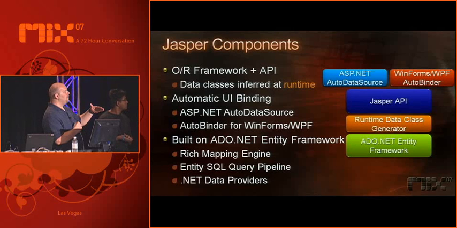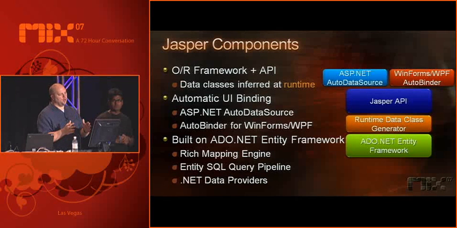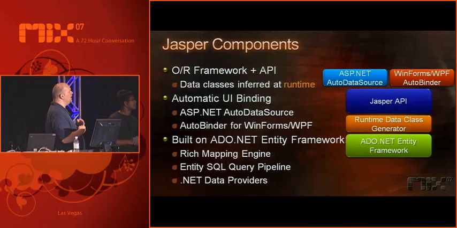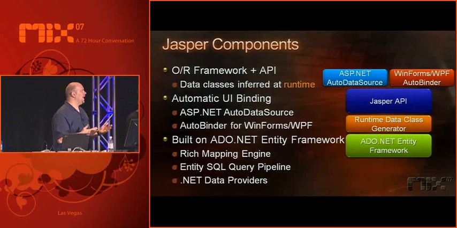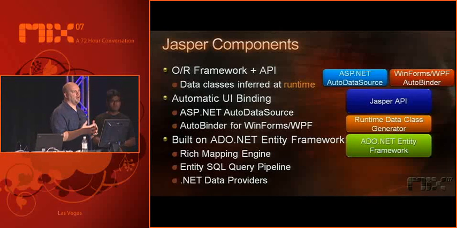The Jasper APIs there are the link to the various binding engines depending on the forms environment you're using. We've got ASP.NET, WinForms, and WPF. And those are the things that bridge the glue from data binding into the type inference engine that is the heart of Jasper in the first place.